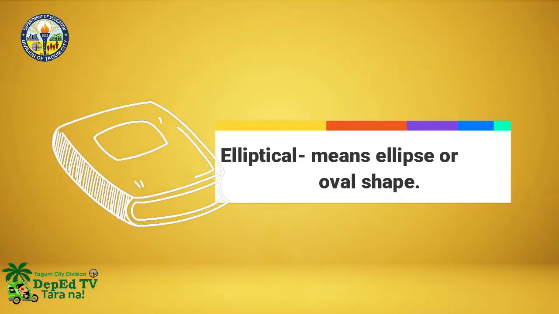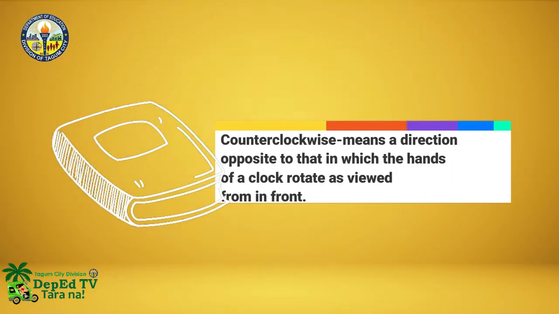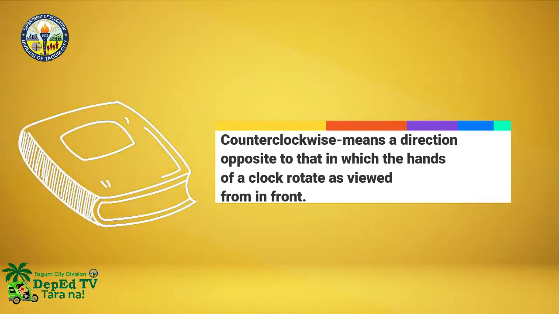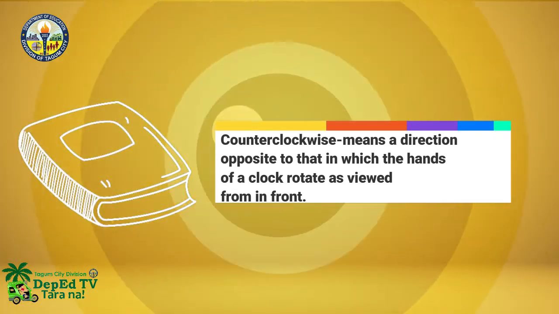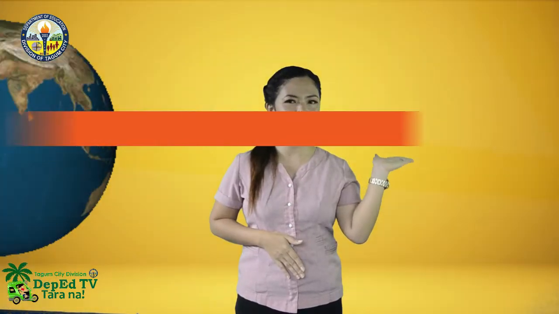Elliptical. Elliptical means ellipse or oval shape. Counterclockwise. Counterclockwise means a direction opposite to that in which the hands of a clock rotate or as viewed from in front. Earth has two different motions, namely rotation and revolution.